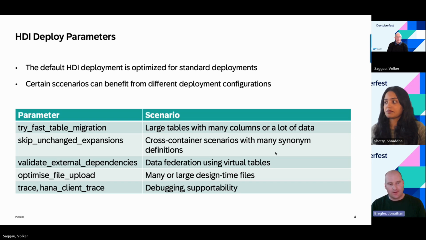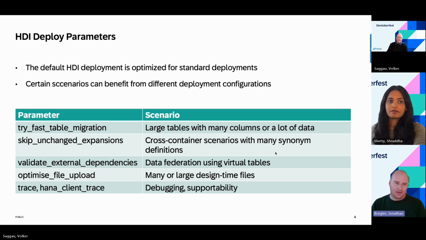Another parameter is called validate external dependencies, which is a useful parameter to know about if you are having scenarios involving virtual tables, so remote access, federation, replication. The fourth parameter is called optimize file upload, which can be very helpful if you have lots of design time files, but only small changes in the design times in one deployment.